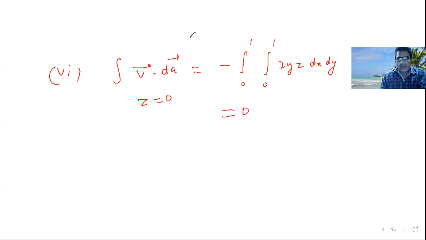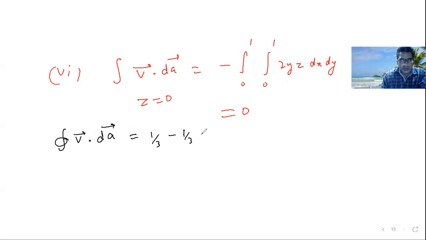Now I add all the 6 values to get my right hand side. That means the right hand side of my divergence theorem is 1 by 3 minus 1 by 3 plus 4 by 3 minus 1 by 3 plus 1 plus 0.